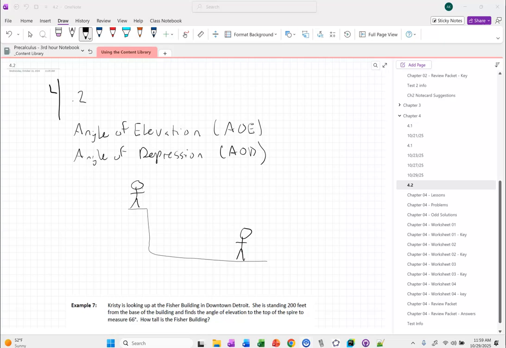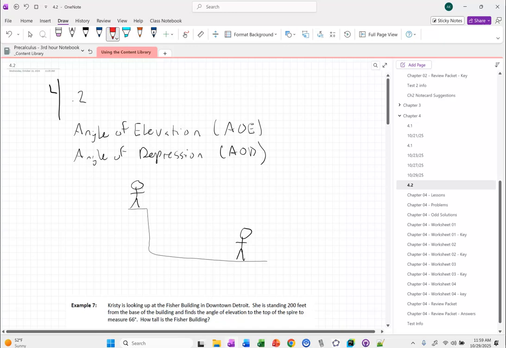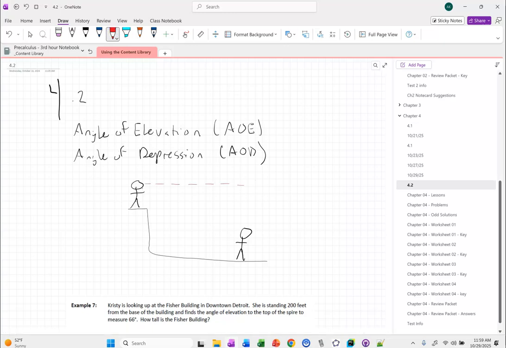If they both are looking just straight ahead, this would be like their line of sight, right? Everybody's okay with that?